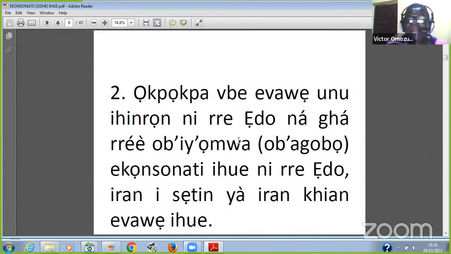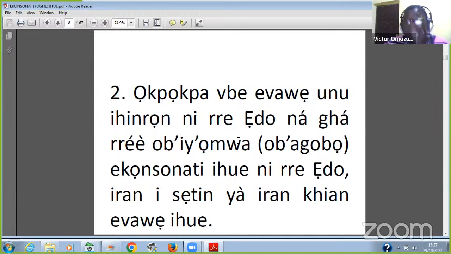So these are very, very basic rules that must be observed while writing Edo. In other words, when any of the 7 oral vowels precede a nasal consonant, any of the 5 nasal consonants, they cannot be realized as nasalized vowels.